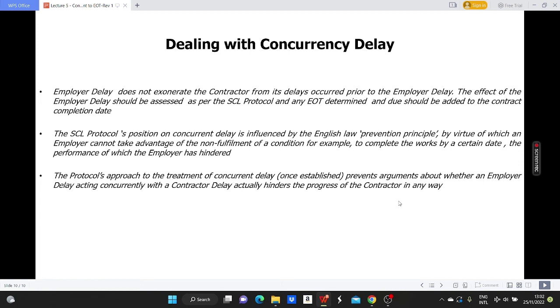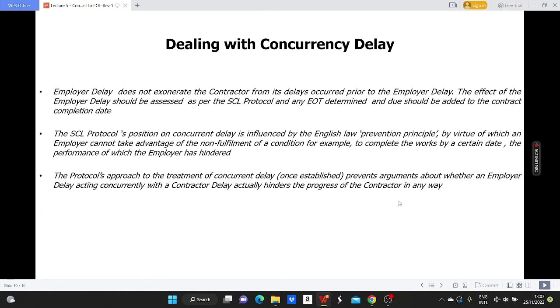The SCL protocol approach to dealing with concurrent delay aims to provide contracting parties with clarity and certainty about entitlement to EOT. The SCL protocol position on concurrent delay is influenced by the English law prevention principle, by virtue of which an employer cannot take advantage of the non-fulfillment of a condition, for example, to complete the works by a certain date, the performance of which the employer has hindered.